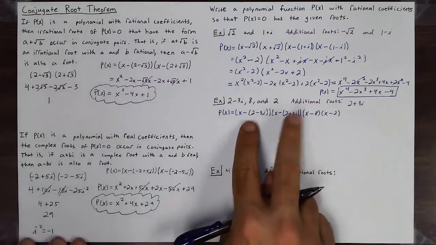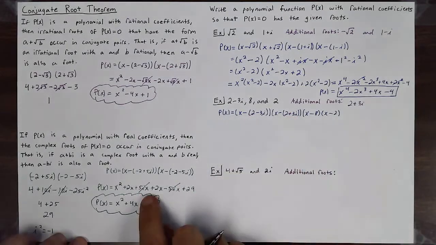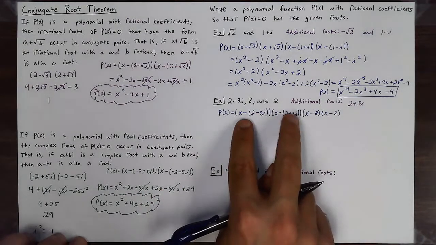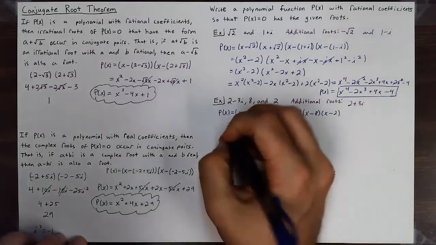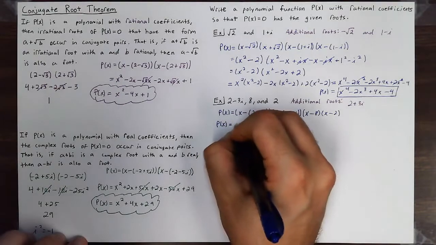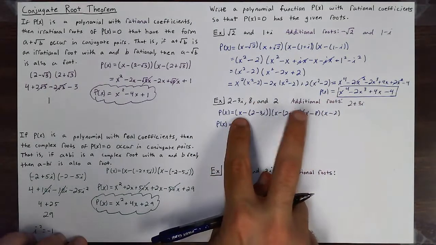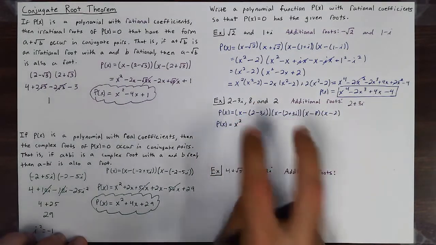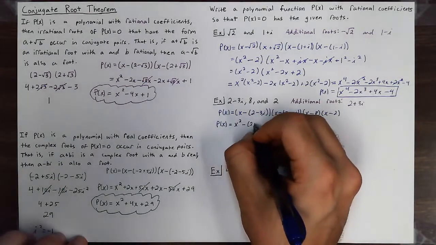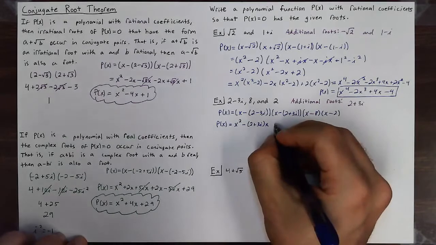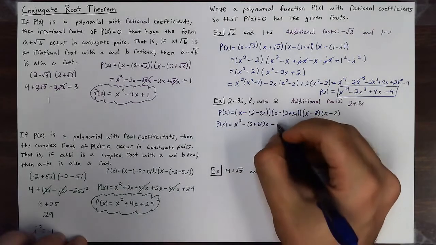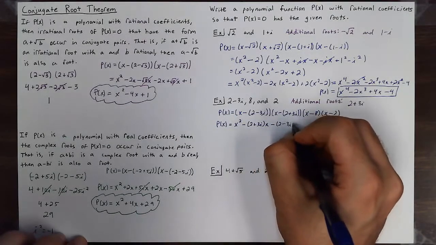Now I'm going to take this multiplication a little bit slower than I have previously, just to definitely show you every step. So first times first, x times x is x squared. Then x times negative 2 plus 3i. So I'm just going to put minus 2 plus 3i x, so you can see them multiplied together. And then minus 2 minus 3i x.